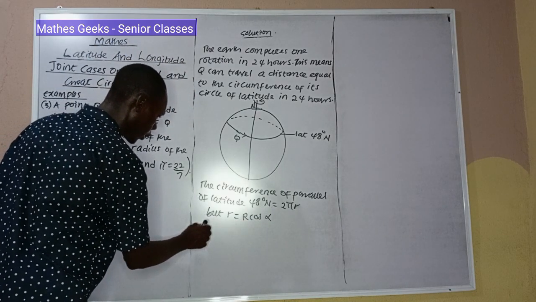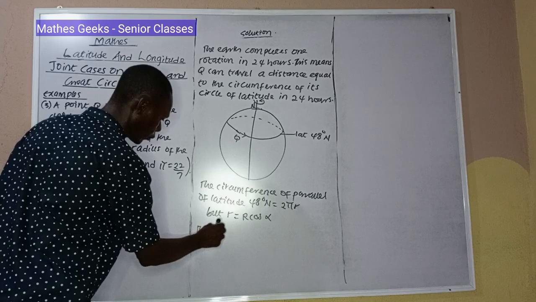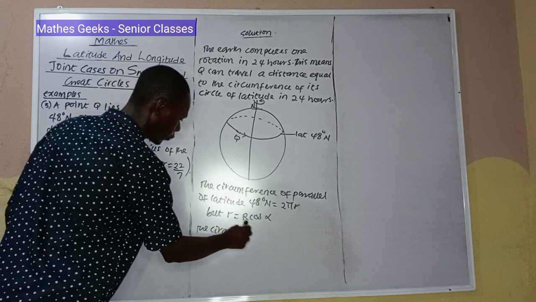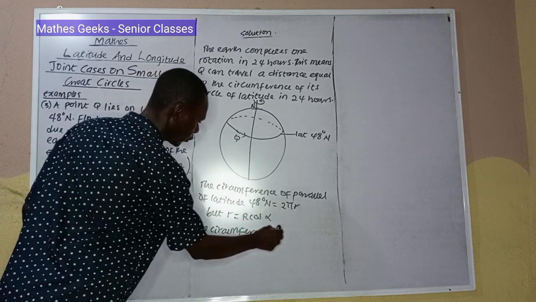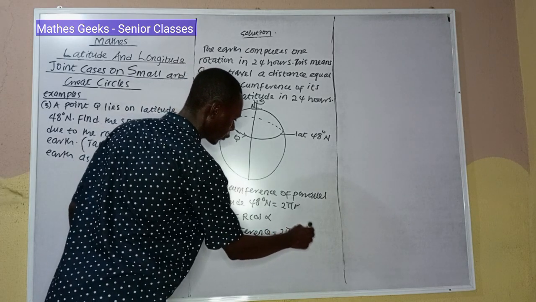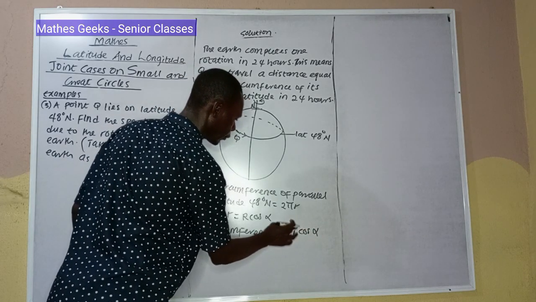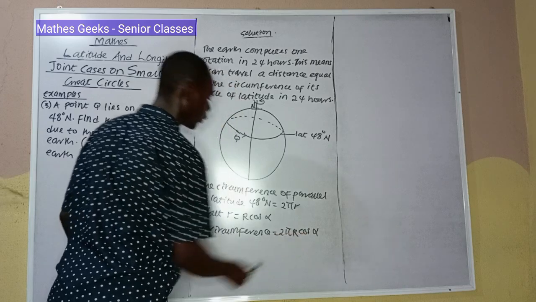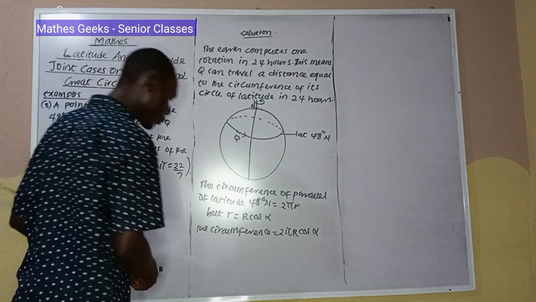So the circumference is 2 pi r cos alpha.